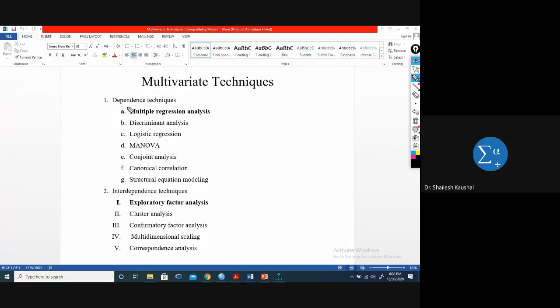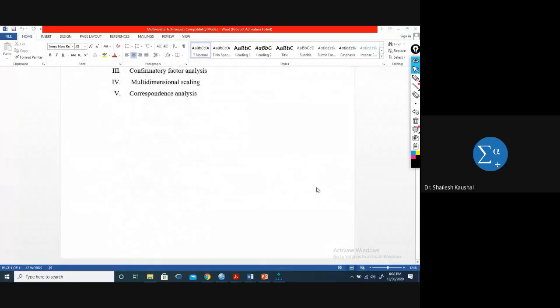In exploratory factor analysis, the purpose, as we discussed yesterday, is data reduction and summarization. This is the factor matrix.